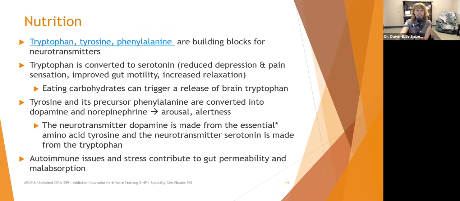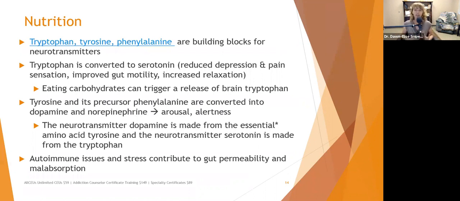So if you're talking to somebody who's on a high protein, low carb, no carb diet, and they're starting to experience depressive symptoms, we may want to look at whether they have all the nutrients their body needs to break down tryptophan in order to make serotonin.